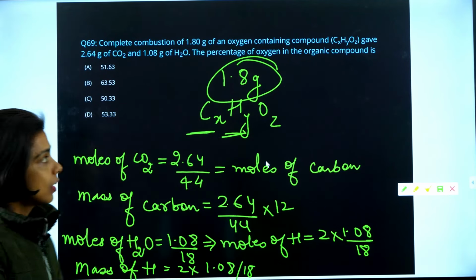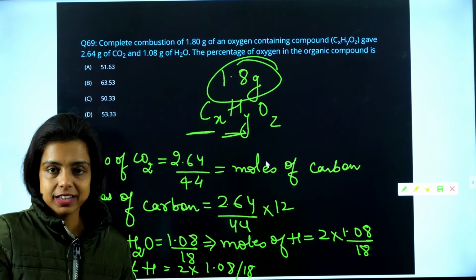And you are supposed to calculate the percentage. Once you get the mass of oxygen in the compound, the mass percentage of oxygen is the mass of oxygen divided by the total mass of the compound, that is 1.8. So pretty easy question based on stoichiometry. Calculate the mass of carbon, calculate the mass of hydrogen.